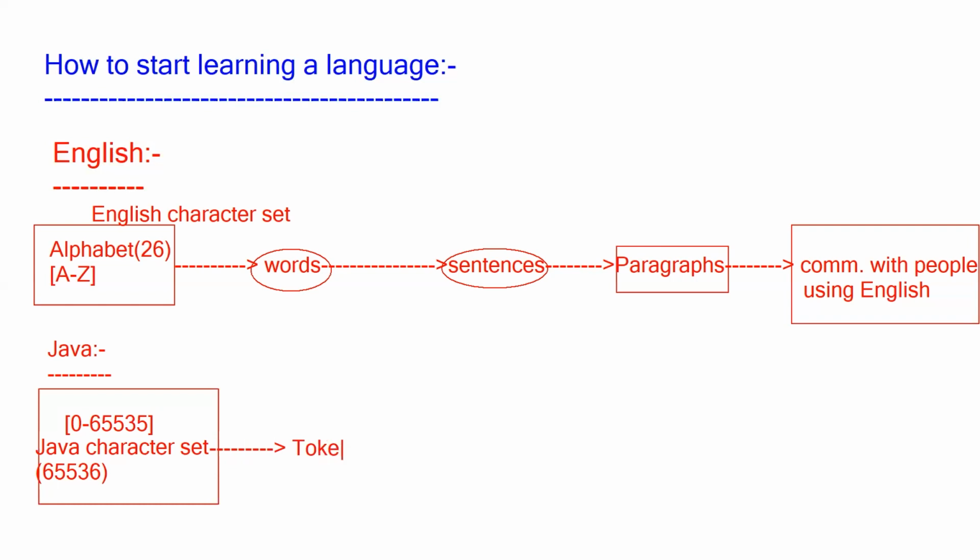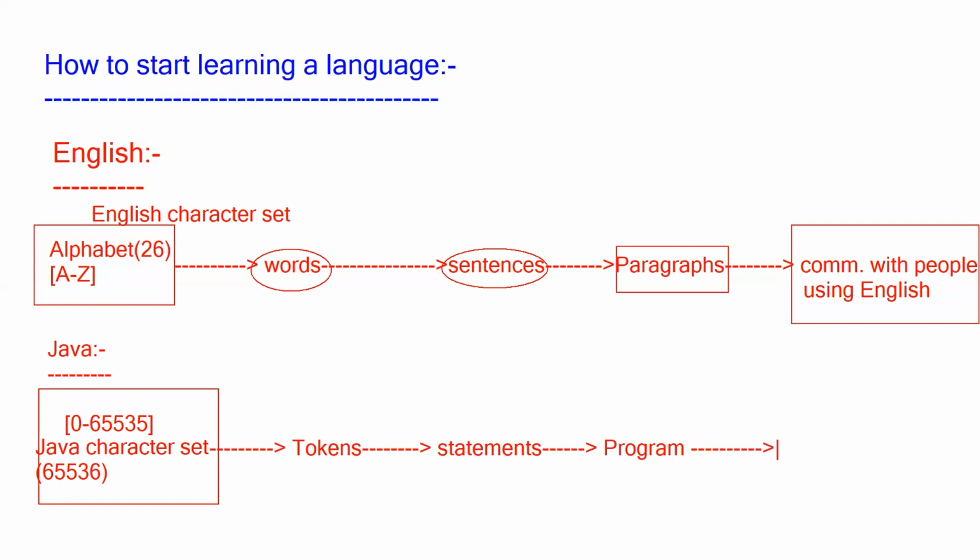you will learn about tokens. What are tokens? Tokens are similar to English words, you can think of them like that. Once you learn the tokens, then you can learn about writing program statements. In English it is a sentence; here it is a statement. The set of statements makes a program.